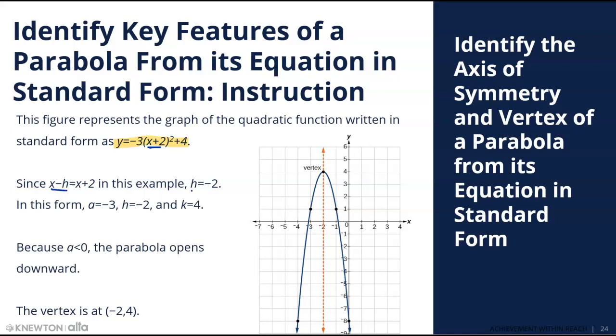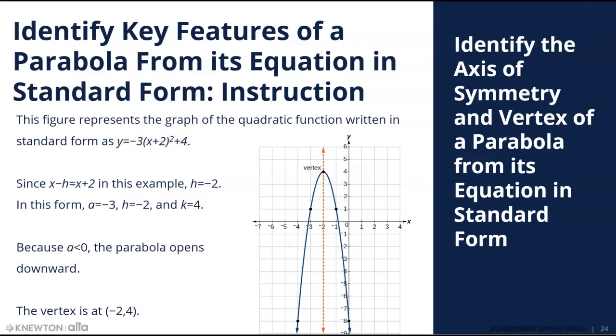And in this case, h is just equal to negative 2. Or what you can also do is to get this expression here and equate that to 0, solve for x. That would be the x-coordinate of the vertex.